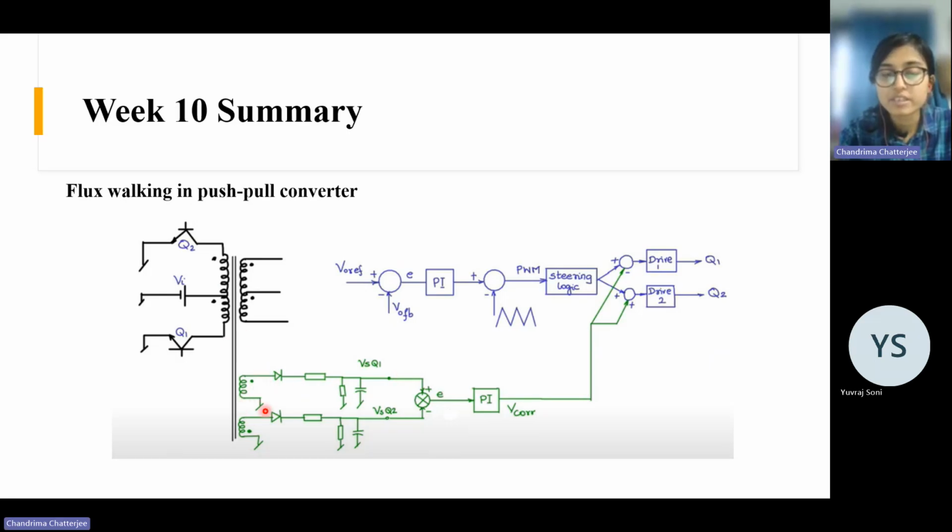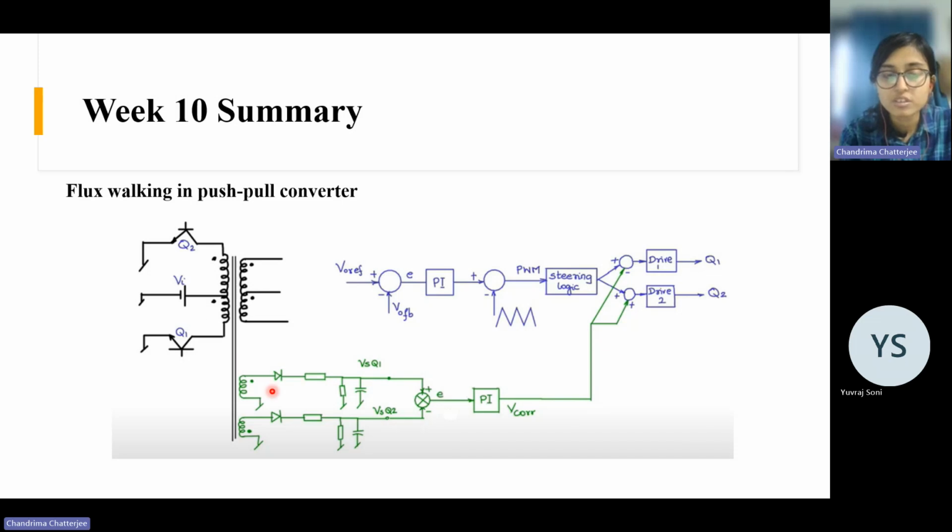These are two additional windings, but their power ratings are very small. They have to carry very small current, only the magnetizing current. And here diodes are connected like this. So these two additional windings are connected just to get the volt second due to this switch and this switch.